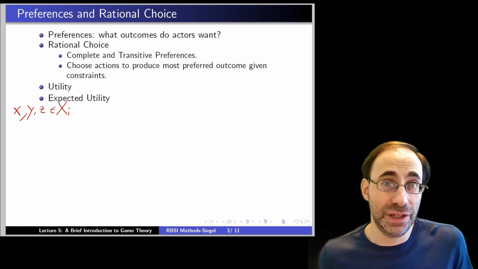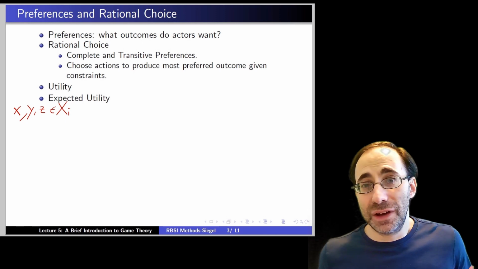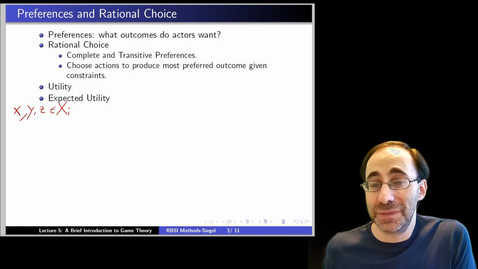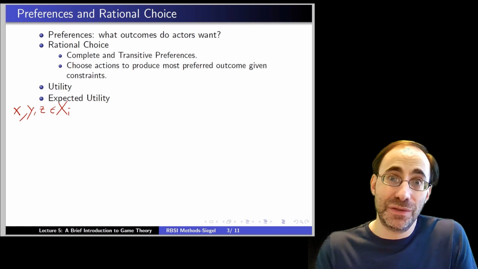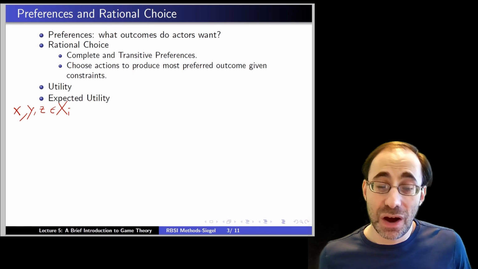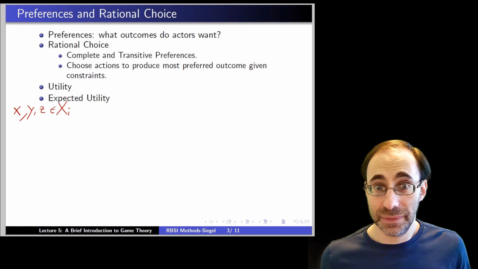So, winning a job in some competition might be an outcome that could be different for you than for someone else who's not possibly getting that particular job because they didn't even apply for it or whatever. Okay. That said, x, y, and z are outcomes that could happen to some actor i.